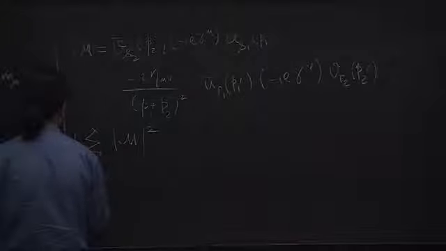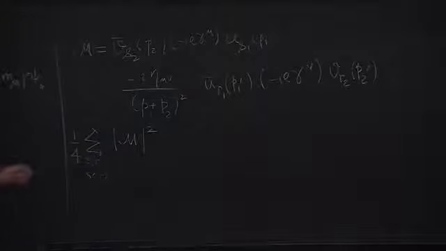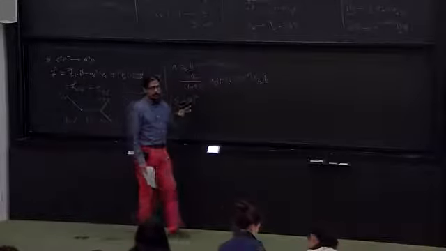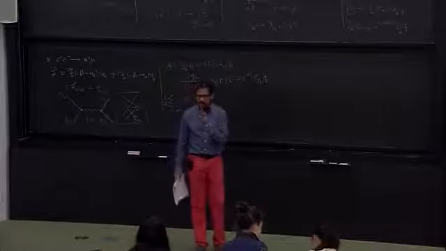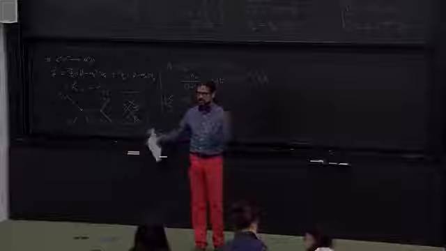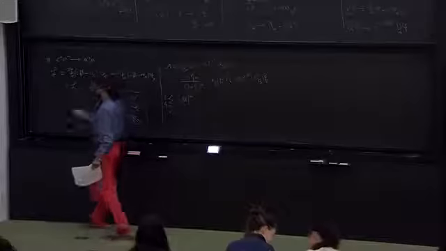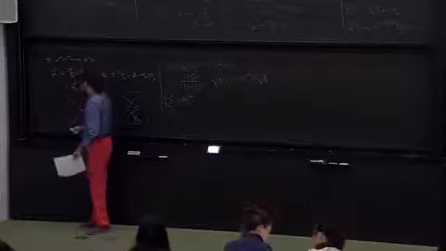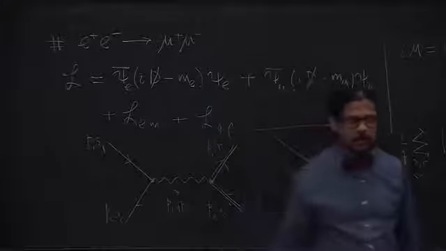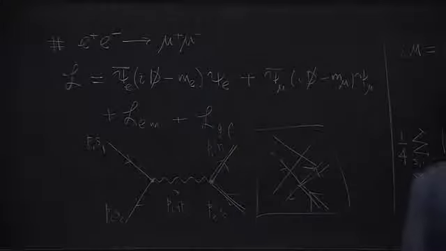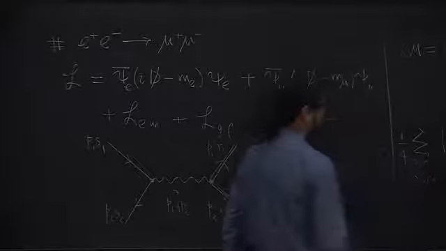Multiplied by 1/4, because we multiply by a factor of half for each incoming beam: spin up and spin down for this one, and spin up and spin down for the other. That's why we get a 1/4.